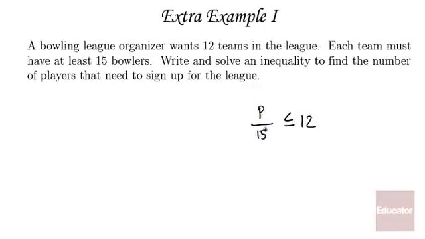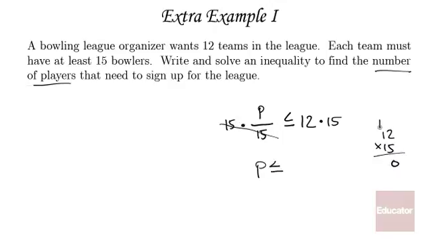So remember, the variable represents the information that you don't know. We don't know the number of players, but we do know that they're going to be grouped in groups of 15, and we do know that they're going to be less than or equal to 12 teams. So the opposite of dividing by 15 here is to multiply by 15. P is less than or equal to, and I'm going to do my division on the side here, 180.